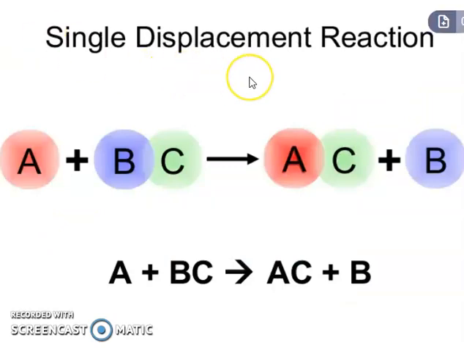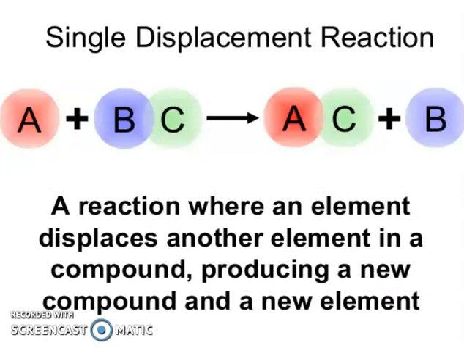Now single displacement reactions. A plus BC gives AC plus B. So A replaces the position of B and forms AC plus B. So this is the single displacement reaction: a reaction where an element displaces another element in a compound, producing a new compound and a new element.